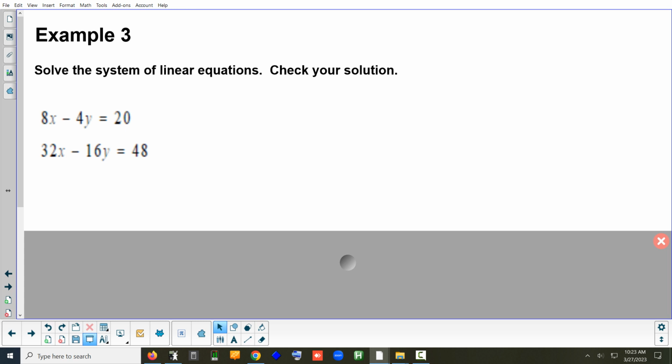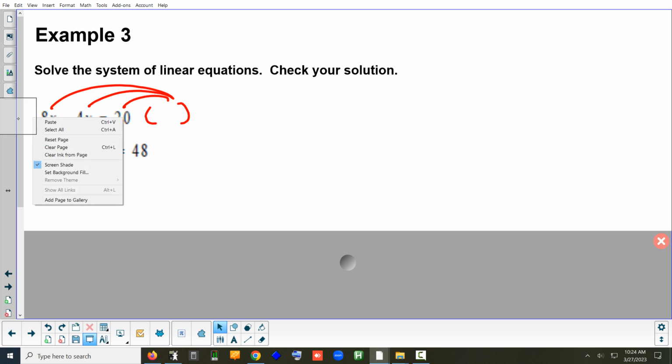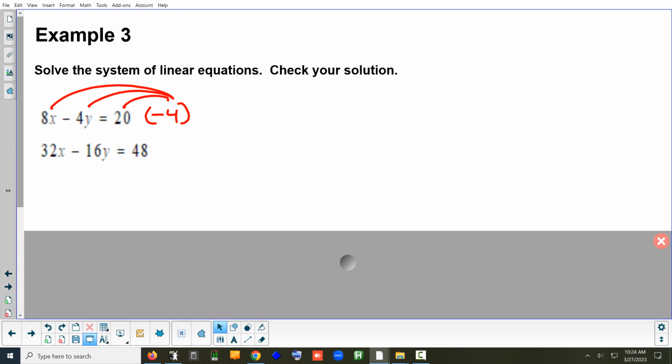Now, ideally, we want this to be a negative 32, and we want this to be a positive 32, so they cancel. So what number would I put in the parentheses? When I multiply it out, this is a negative 32, and this is a positive 32. Perfect, negative 4. That's like if you were using the template, the number that would be in the box.